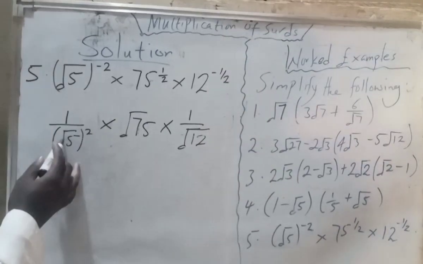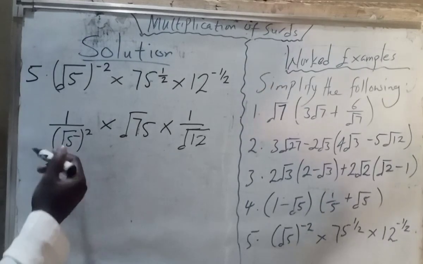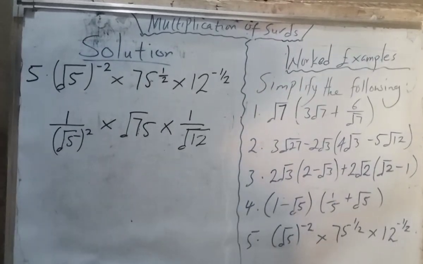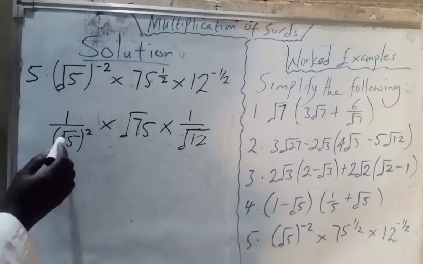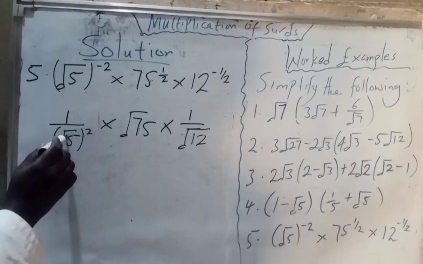Now, root 5 squared is the same as root 5 times root 5, and root 5 times root 5 will give us root 25, and the result of root 25 is actually 5. So we just use the square to cancel the square root.